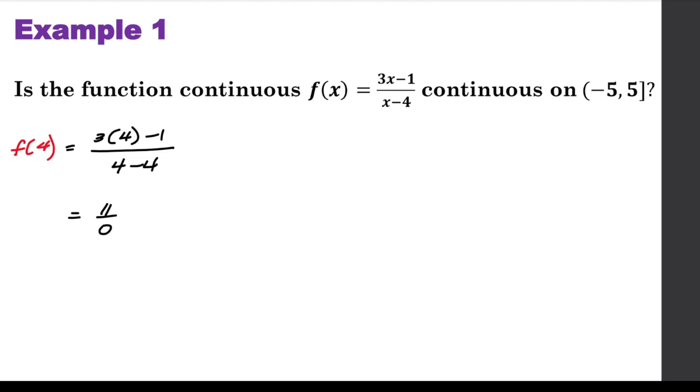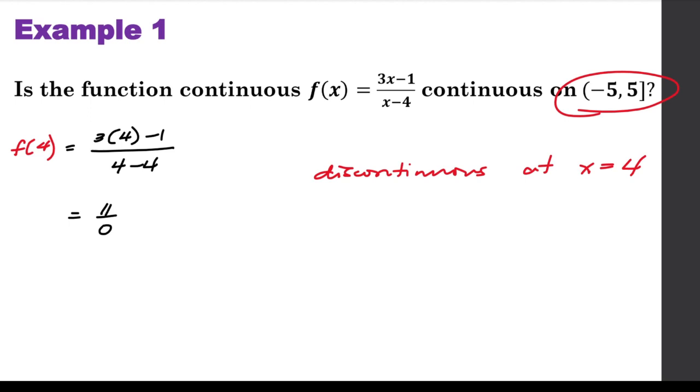Because f of 4 is undefined, then we are discontinuous at x = 4. In reference to the given interval, x = 4 is included in the given interval. Therefore, the function is discontinuous at x = 4.